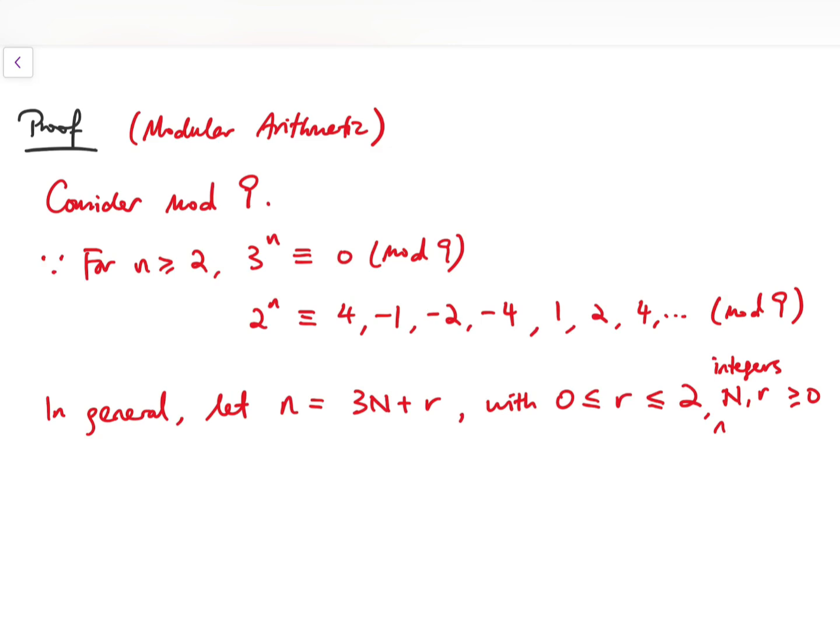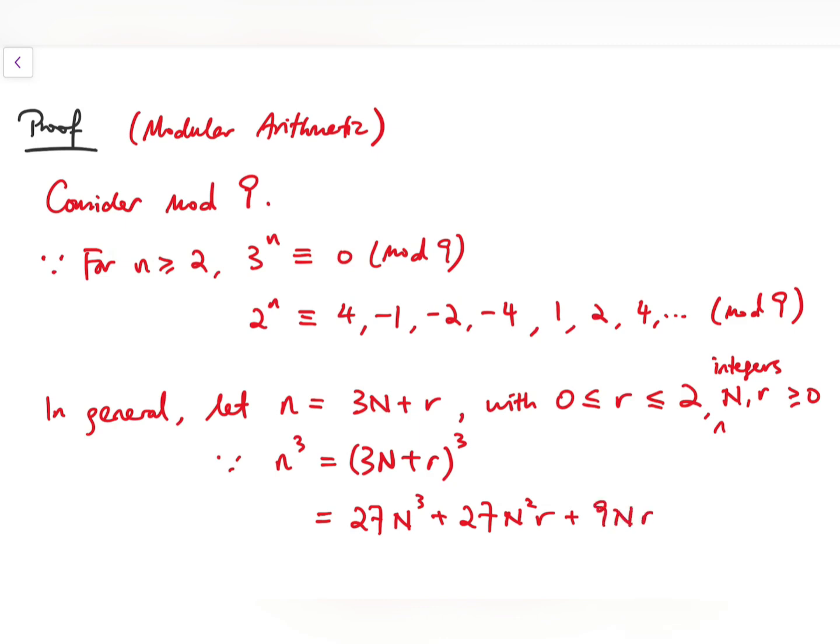Now for this, notice that n cubed is 3 times big N plus r all cubed, and by expanding we have 27 big N cubed plus 27 big N squared times r plus 9 big N times r squared plus r cubed.